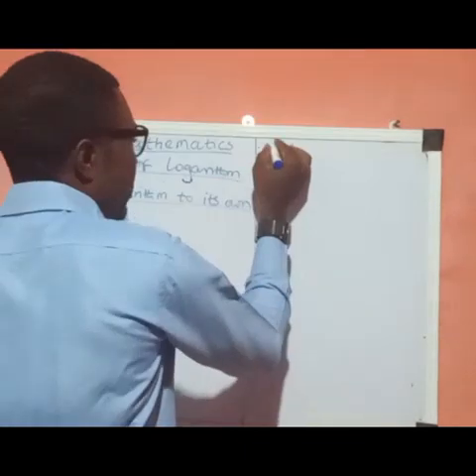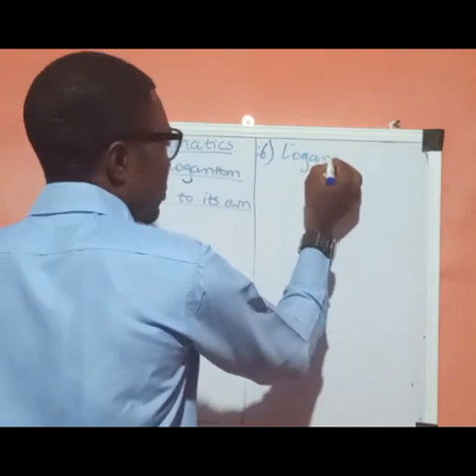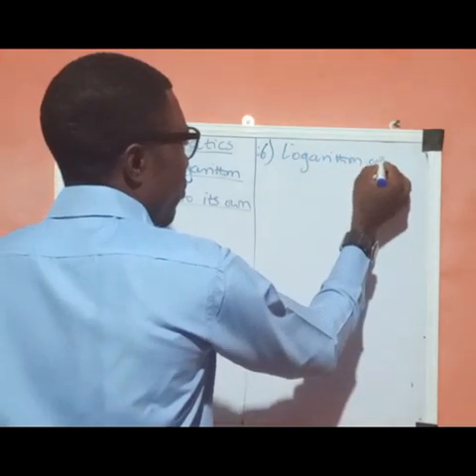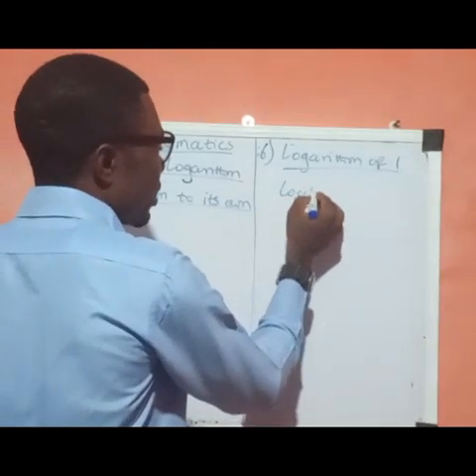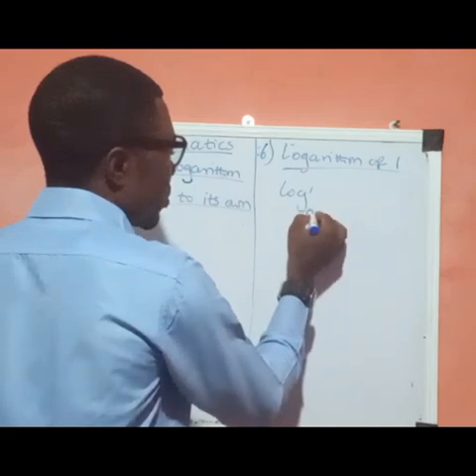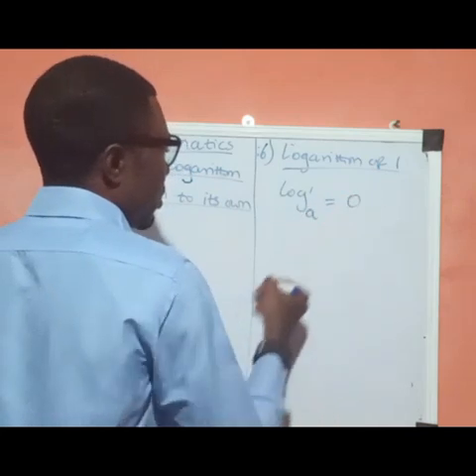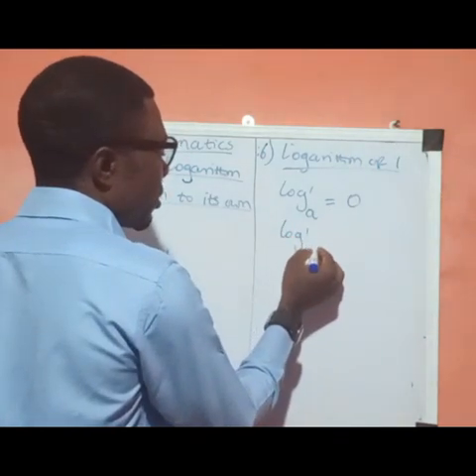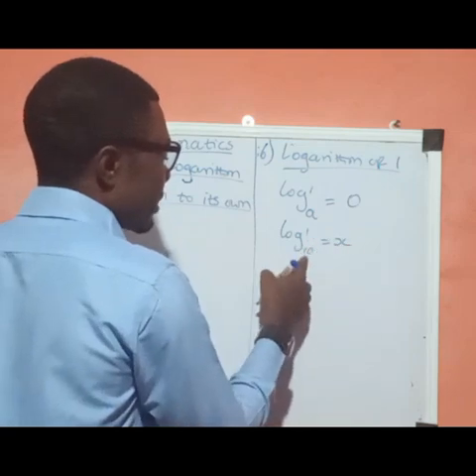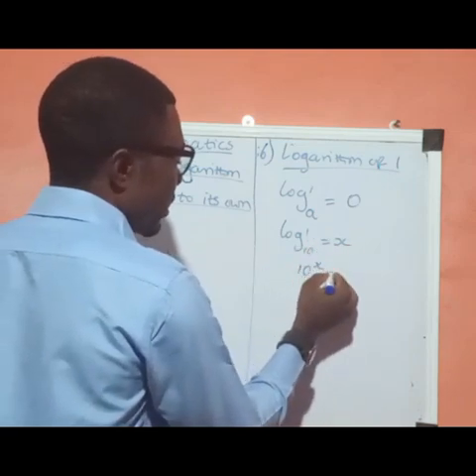Okay. The next is logarithm of 1. It says that the log of 1 to any given base is equal to 0. How is that so? If I say log 1 base 10 is equal to x, you know that 10 will be raised to power x in order to get 1.